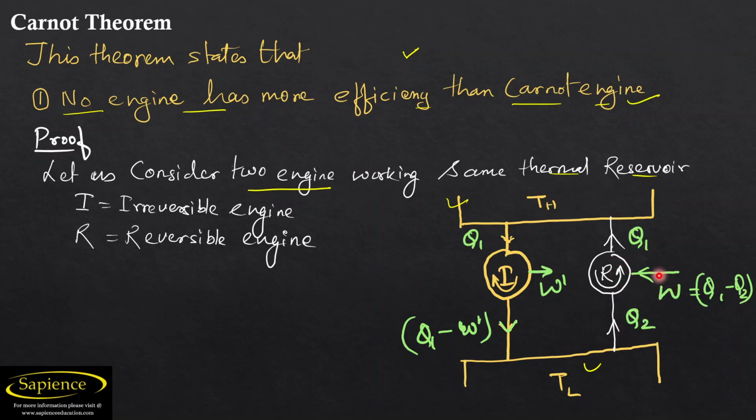So what will be the work input? Work input will be W equal to Q1 minus Q2. W and Q2 when combined give Q1, so that's why work done will be equal to Q1 minus Q2. I hope you have understood this now. Till now you have no problem at all.